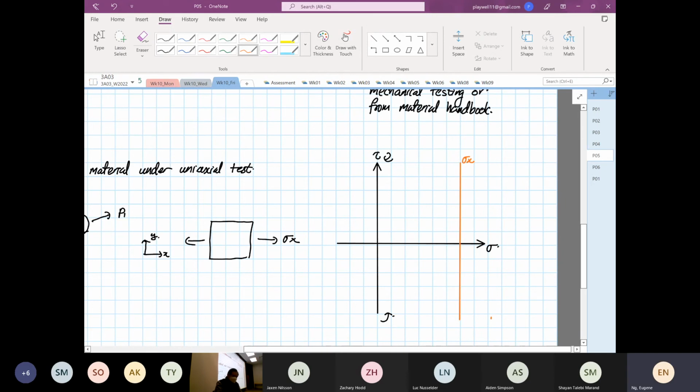For argument's sake, as an arbitrary example, our stress x value is 500 megapascal. You test this out and find a yield at 500 megapascal. Then when we start to construct the Mohr circle, this is what we get.